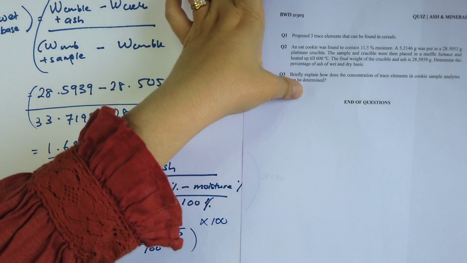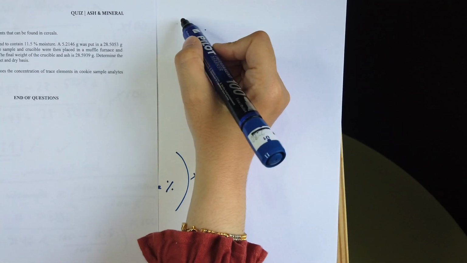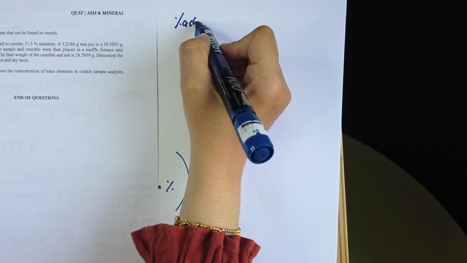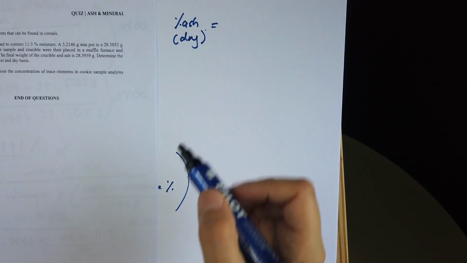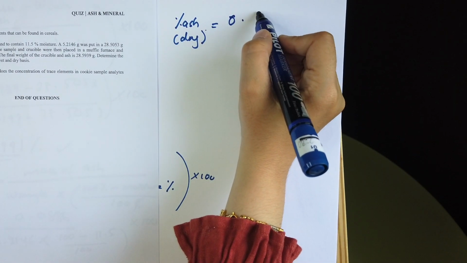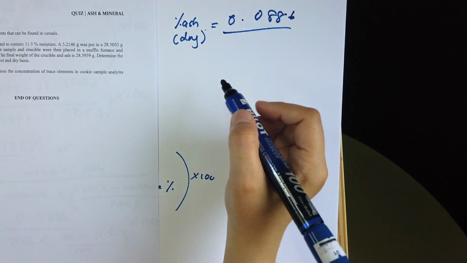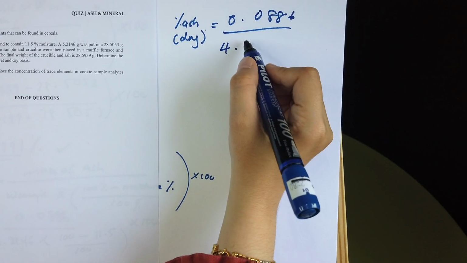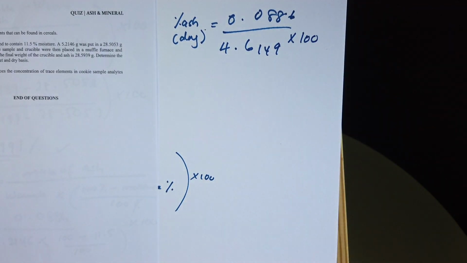So from there, what you will find is percentage of ash on a dry basis, which is 0.0886 divided by 4.6149, times 100%.